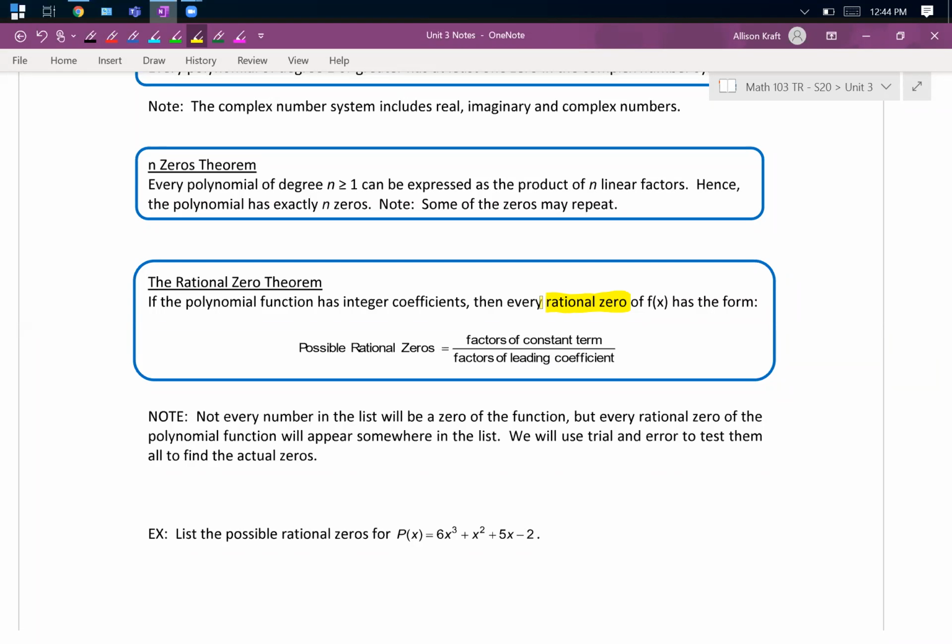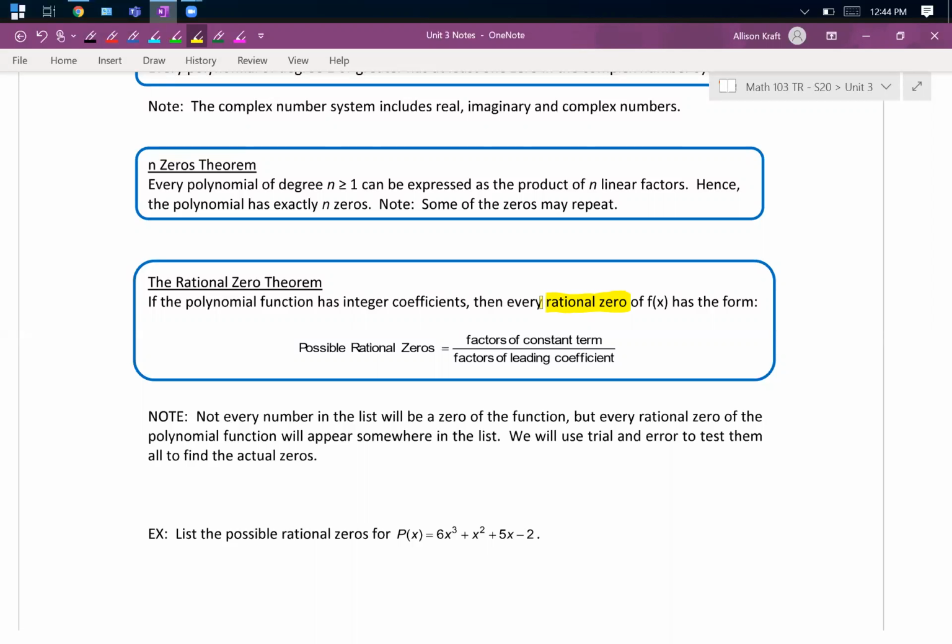We're going to take the factors of the constant of our polynomial and divide them by the factors of the leading coefficient of our polynomial. We're going to get this big, long list, and then we're going to test those zeros. So we get this weird fraction.